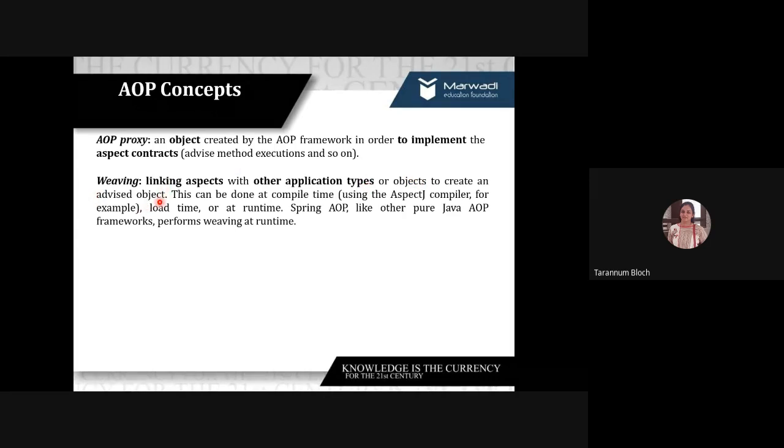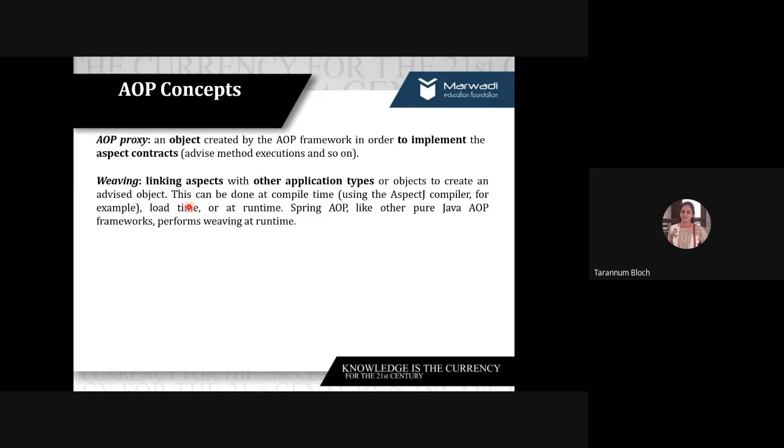Weaving is how your objects are connected with each other. In IOC, we call it a dependency among the modules. Now we are saying it's not only dependency, but how they are connected with each other. So weaving is how you can wire the objects together, how you can link them together.